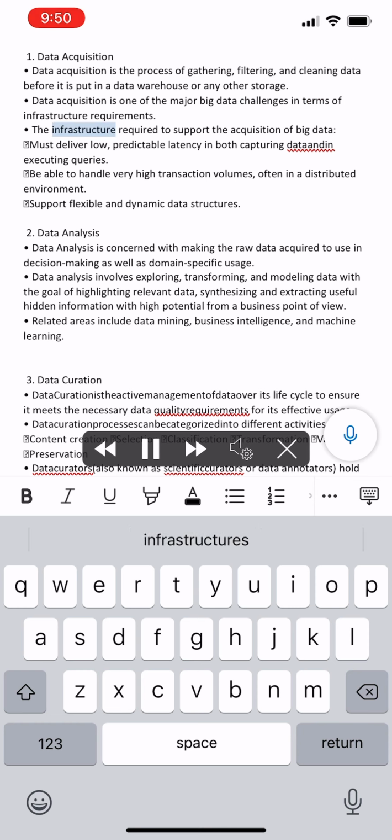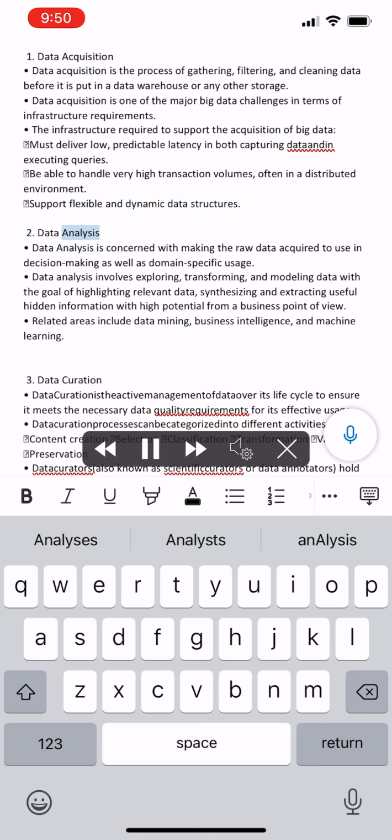The infrastructure required to support the acquisition of big data must deliver low, predictable latency in both capturing data and in executing queries, be able to handle very high transaction volumes, often in a distributed environment, and support flexible and dynamic data structures.